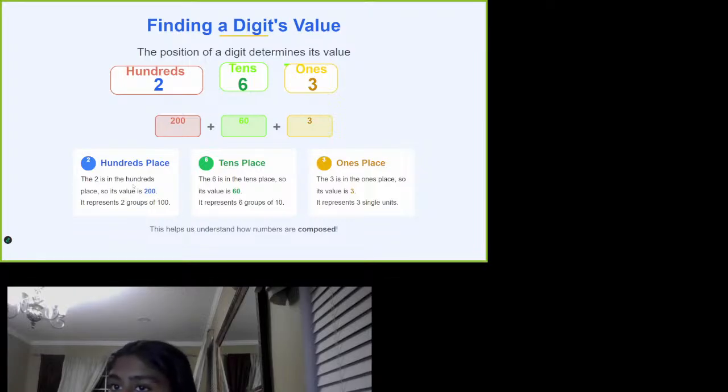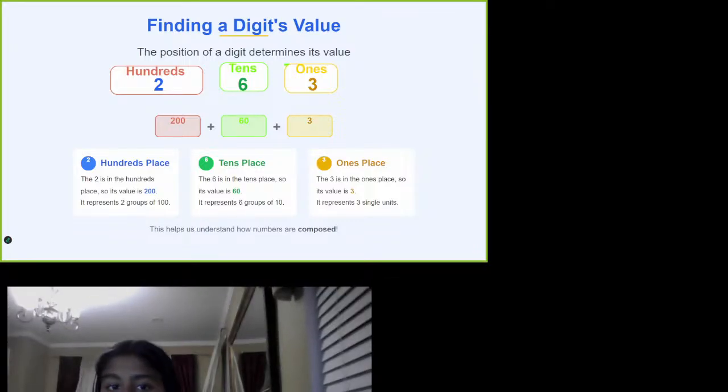So the 2 in the hundreds place is the value of 200, which represents two groups of 100. And the 6 equals 60 because it represents 6 groups of 10.